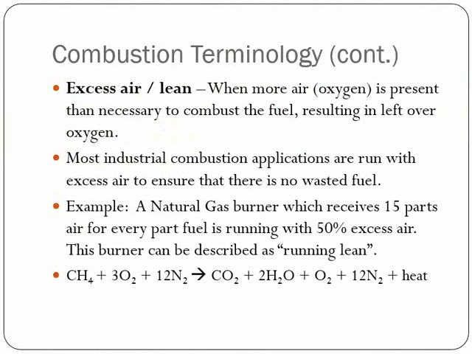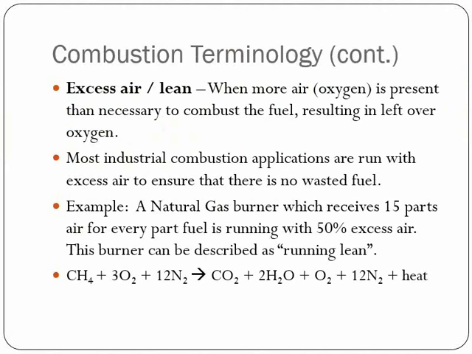burner. So an example here, we're showing a natural gas burner that's receiving 15 parts of air for every part of fuel. So the first 10 parts, as I hit on before, is the stoichiometric ratio. That's the exact amount of air needed to convert that fuel.